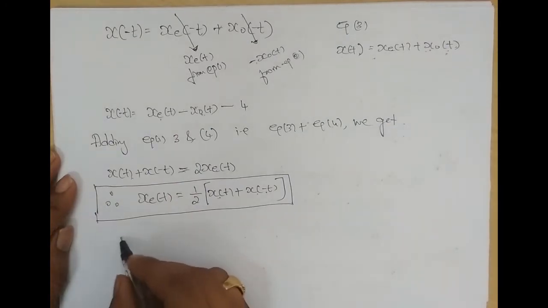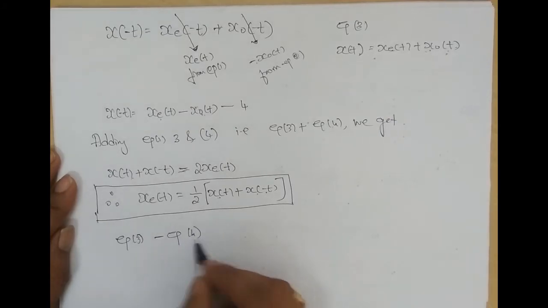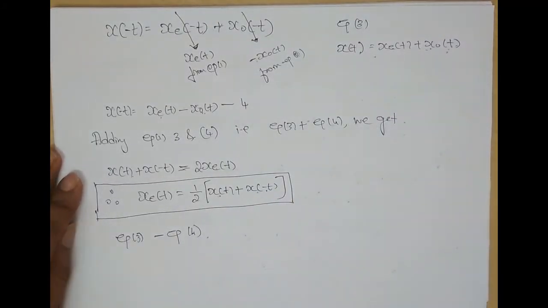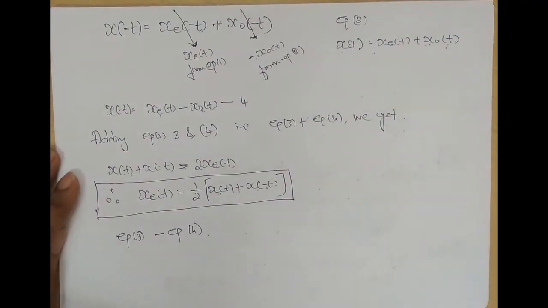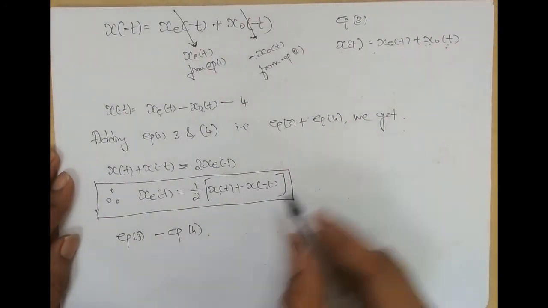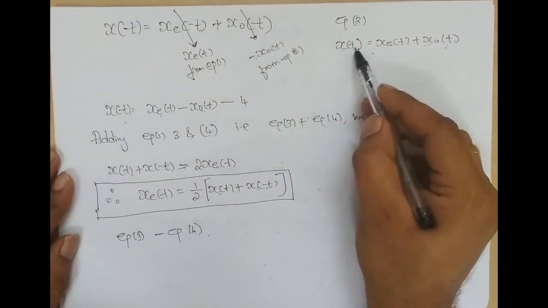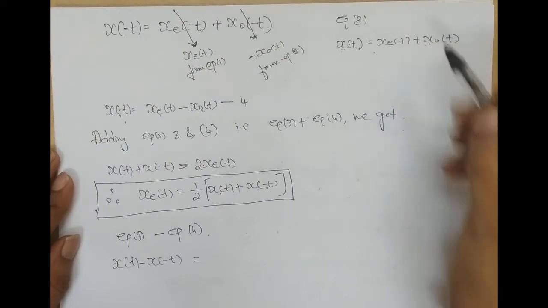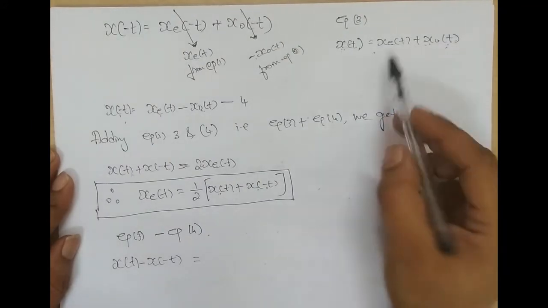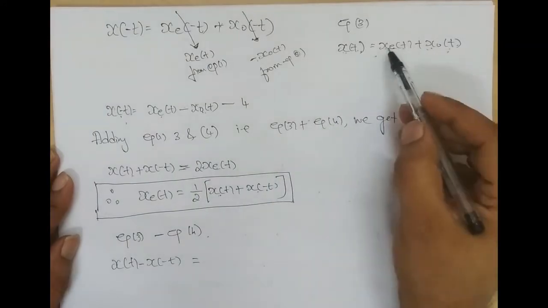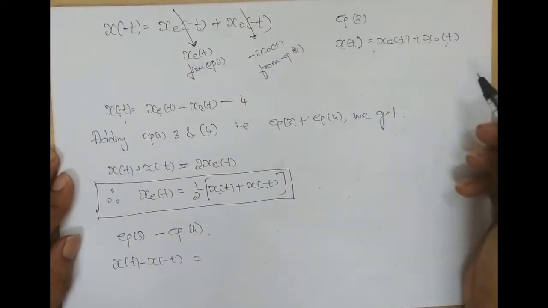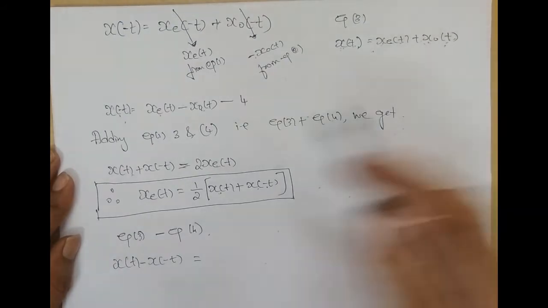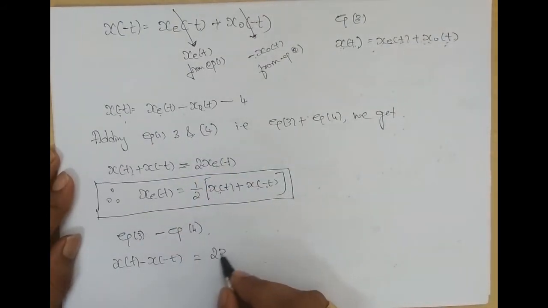Okay. Now subtracting, that is equation 3 minus equation 4. Okay, I'll subtract equation 4 from equation 3. So what do I get? X of t minus x of minus t in the left hand side is equal to, in the right hand side, xe of t minus xe of t cancels out, so xo of t minus, into minus, plus xo of t, it is 2 times xo of t.